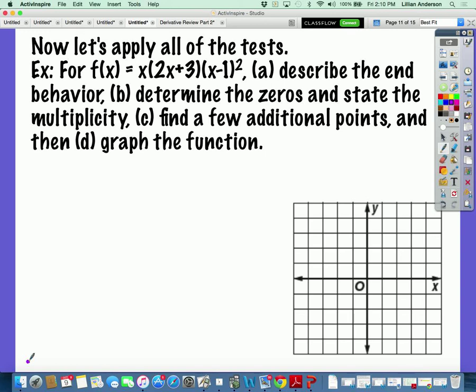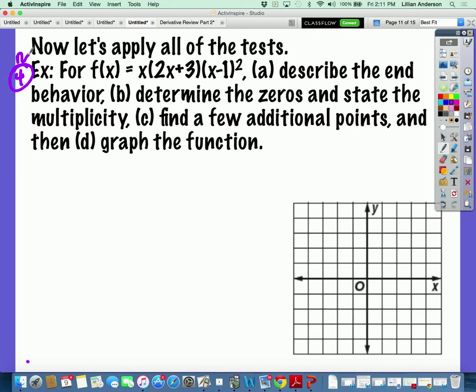You have an x here, you have an x here, and then you have an x squared here. So an x, an x, and an x squared total make an x to the 4th. Okay? So n is 4, and is a positive?